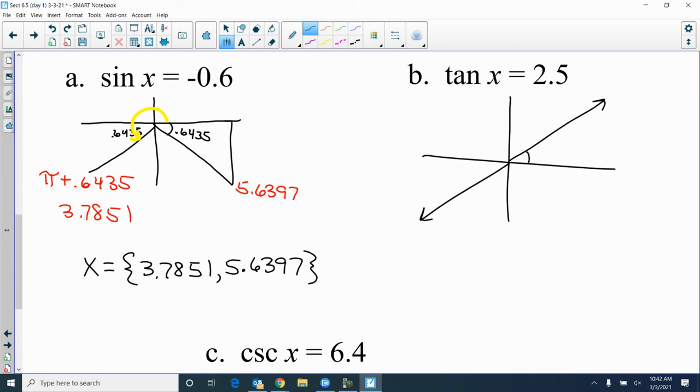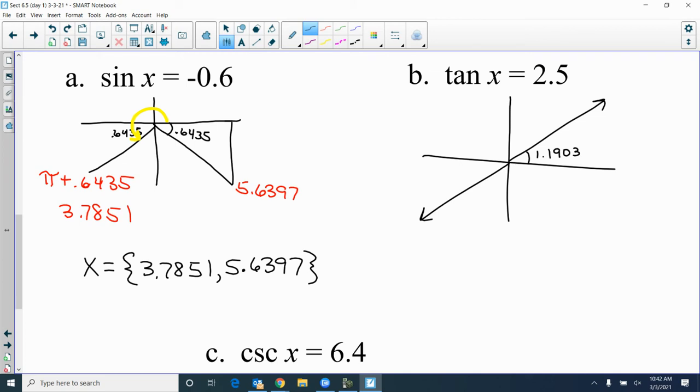Peyton Burns, what did you calculate to give you 4 decimal places? 1.1903. Okay, that is your first answer, and it is the reference angle. So you get 2 things out of that.